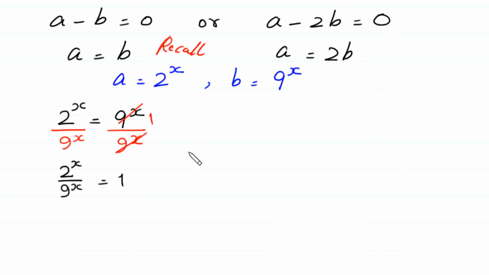Now according to property of exponents, a to the power n over b to the power n is equal to a over b whole to the power n. We can write this 2 to the power x over 9 to the power x as 2 over 9 whole to the power x is equal to 1.